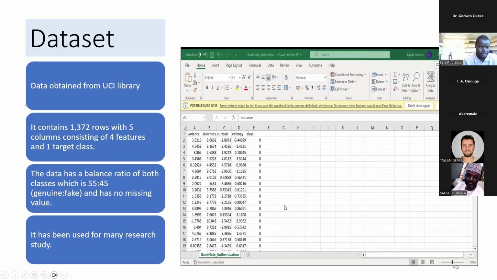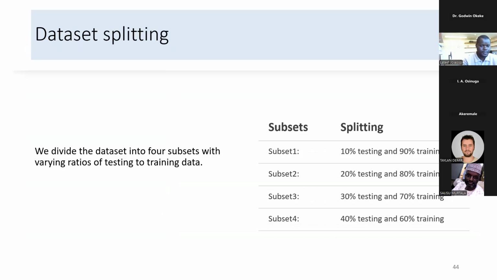These are numbers that have been extracted by authors working on such data sets, so they've been able to classify the notes into authentic and non-authentic. We do some machine learning on this, splitting the problem into training and testing.